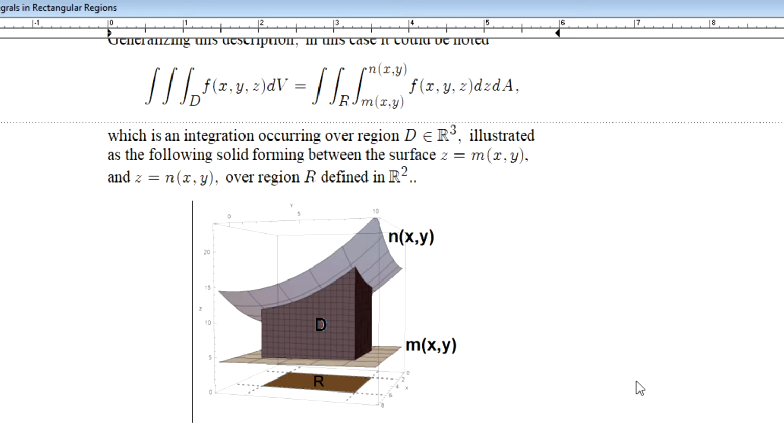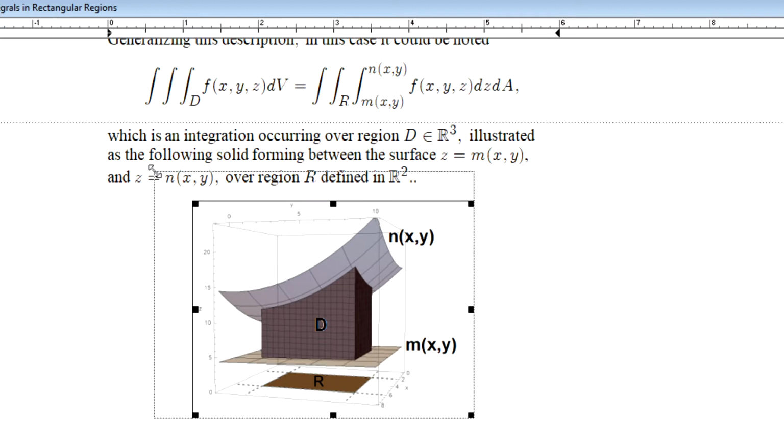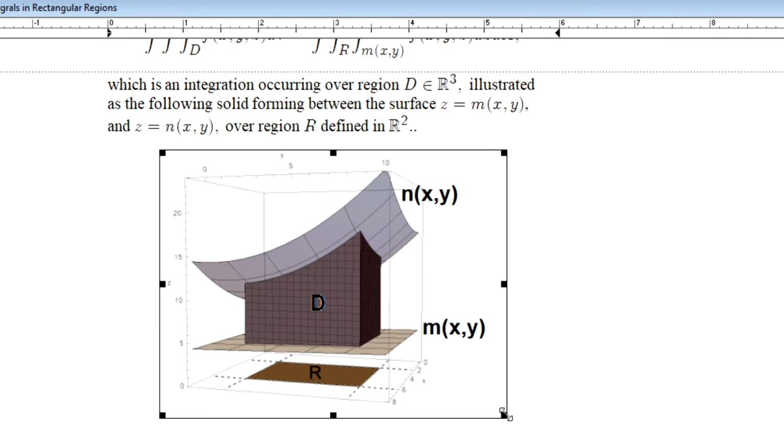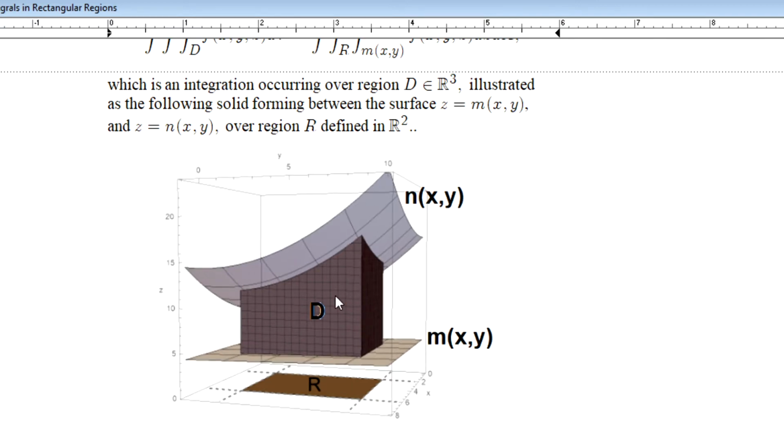We can't really illustrate the hypervolume, but what we can illustrate and understand is this region D over which we're integrating. If I blow this picture up a little bit so it's clearer in the video, this region D is a solid of space forming between these functions n of x y and m of x y: m of x y on the lower end, n of x y on the upper end. These z values are always going to be bounded between these two surfaces.